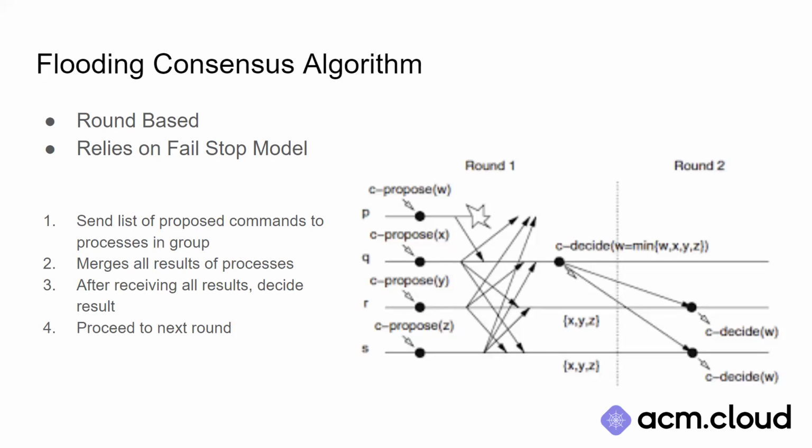So for example, if you have an identical set of lists of actions, then you're going to reach the same conclusion as everyone on all the other processes. And so basically one is broadcasting the list of commands, and then you merge all the results. And after you receive all the results, you decide what to do. However, some problems that can occur are basically crashes, right?